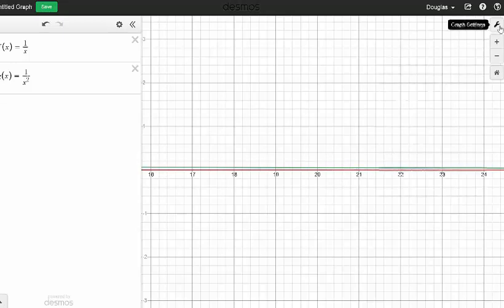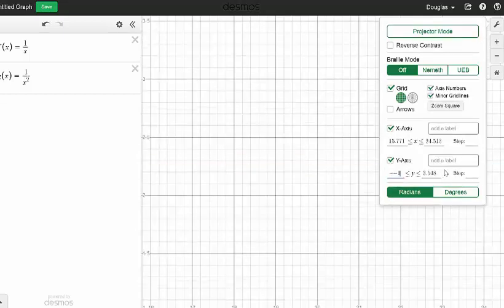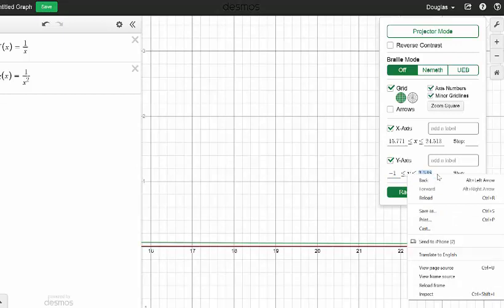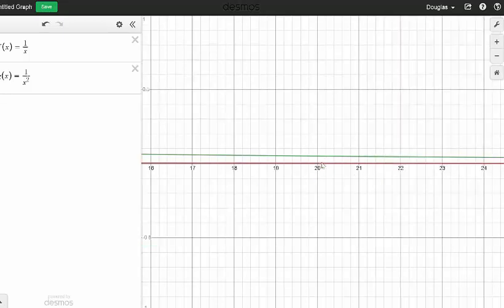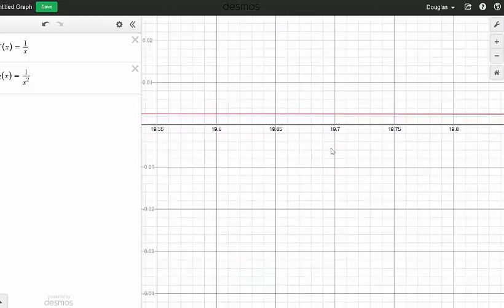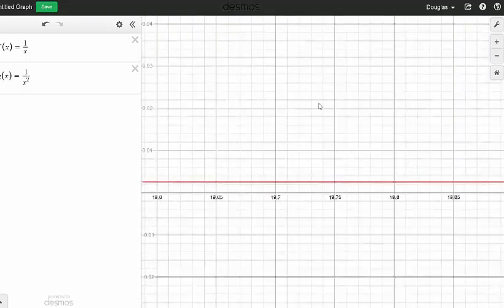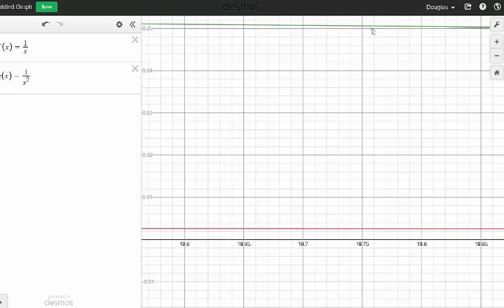But if we zoom in really, really close, you will begin to be able to see a little bit of daylight in between. It's not quite as obvious here, but you can definitely see it. There we go. See, like I said. So it looks like there's quite a bit of a distance in between these two, but look at the scale that we're dealing with here. And also note that at this scale, the green, the f of x, is still way up here.